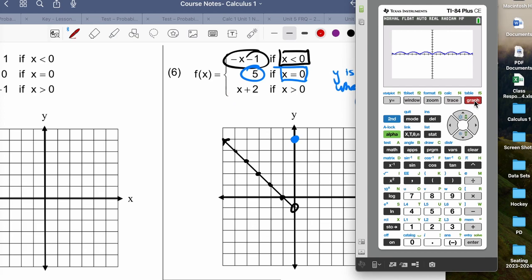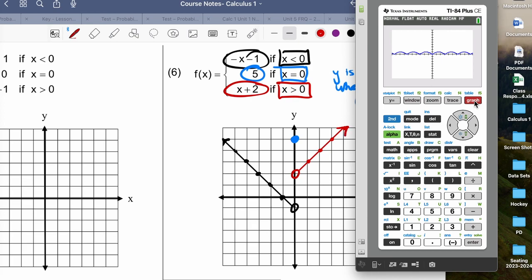Then the last piece, x plus 2, but only in instances where x is greater than 0. So I would say, all right, I've got my y-intercept. It's going to be at 2, but I don't want the x value to be 0, so I'll put an open circle there, and then I'll just count off my slope. Because the coefficients were relatively simple, I could pretty much leave it that way.